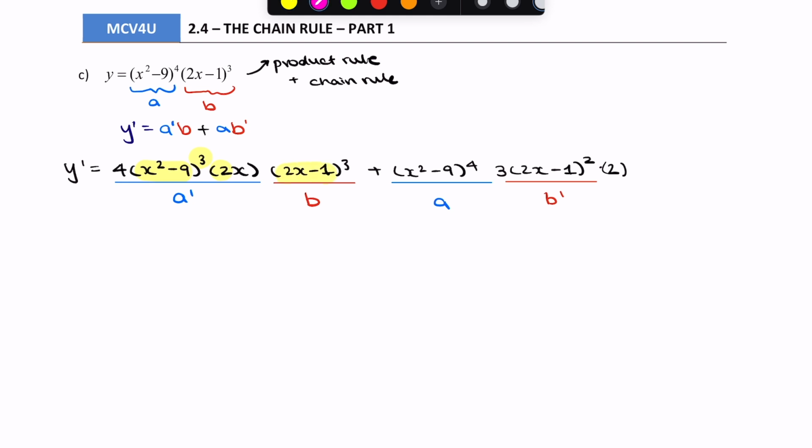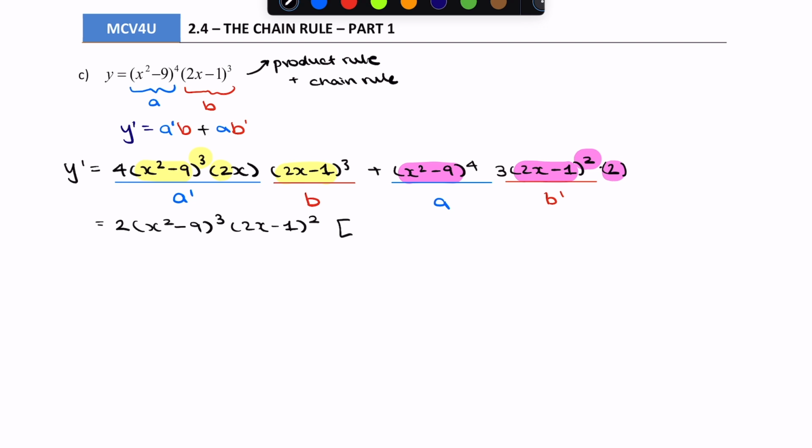In the second one, we have similar things: we have x² − 9 to the power of 4, still x² − 9, and we have (2x − 1)², and we have that value of 2. So here we can factor out 2(x² − 9)³(2x − 1)².